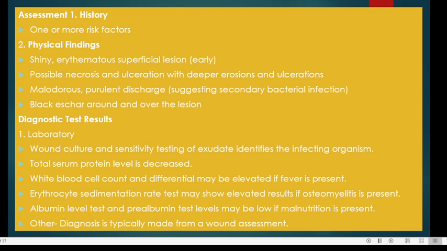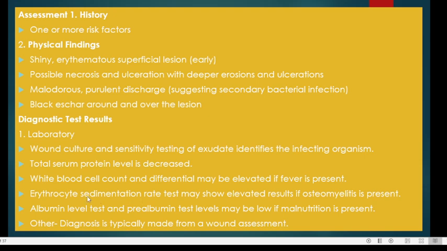Go to the diagnostic test results, starting with laboratory. We have wound culture and sensitivity testing of the exudate, identified so that we can know the infecting organism. We also have total serum protein decreased. White blood cell count and differential may be elevated if fever is present.